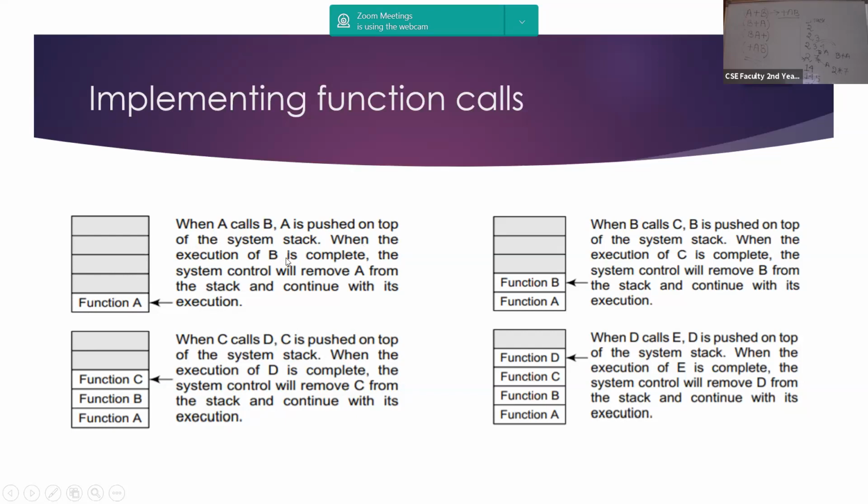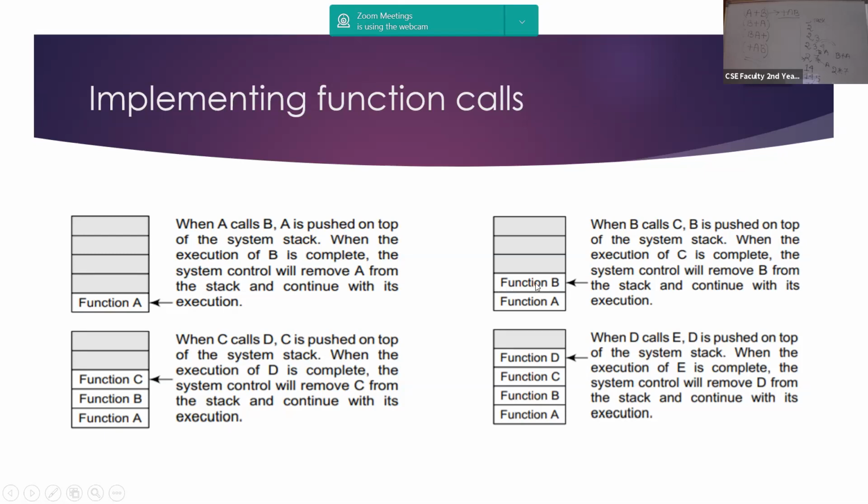So when the execution of B is complete, the system control will remove A from the stack and continue with its execution. So what happens actually when A calls B? First A will be pushed into the stack and then B will be pushed into the stack.